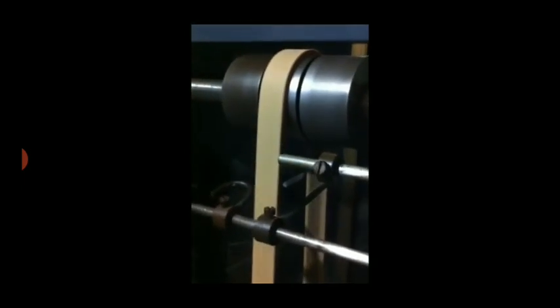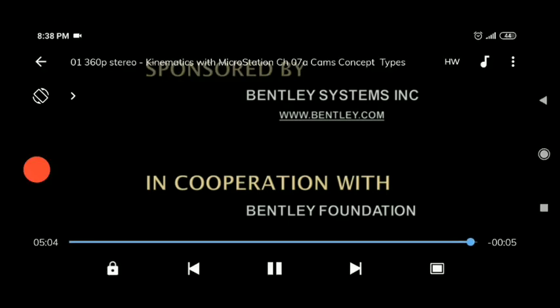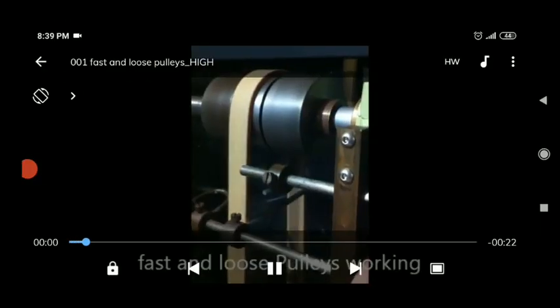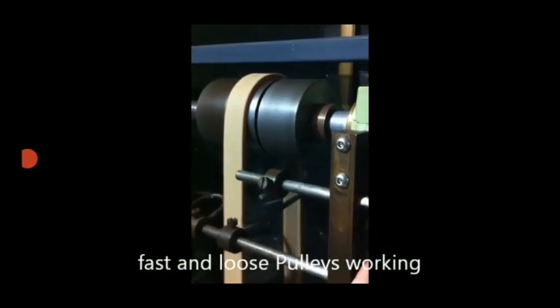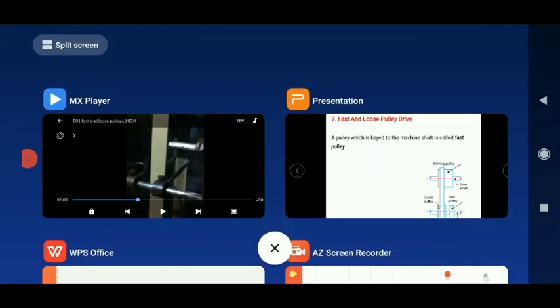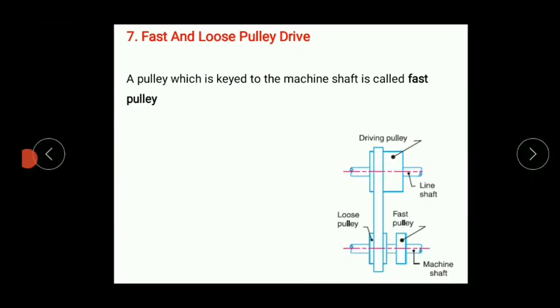Here it is the fast pulley, fastened with the shaft, and the other pulley, with which the belt is in contact right now, is called the loose pulley. So I hope you understand what the fast pulley and loose pulley drive are.